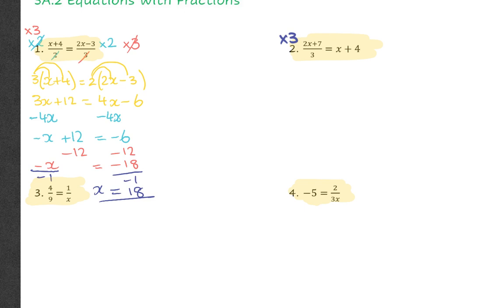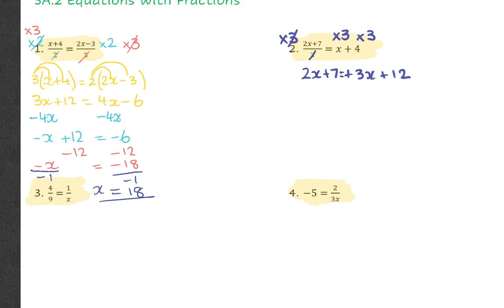So this question up here, we've got a 3 in the denominator. So divided by 3, we have to multiply it by 3. And we multiply everything by 3. So those two 3's cancel out and leave us with 2x plus 7. But over here on the right-hand side, we've got some multiplying. We've got 3x plus 12.